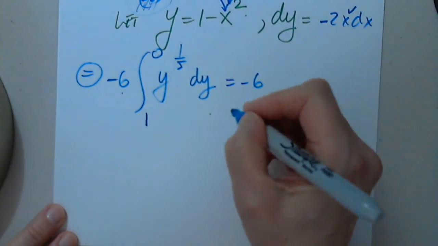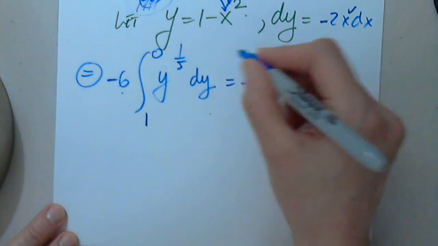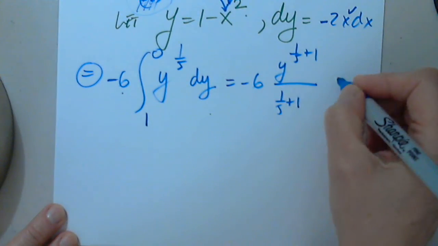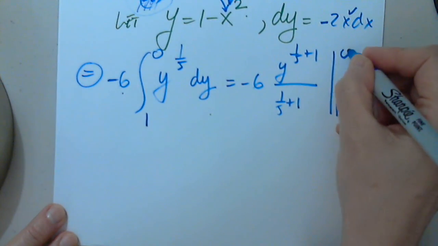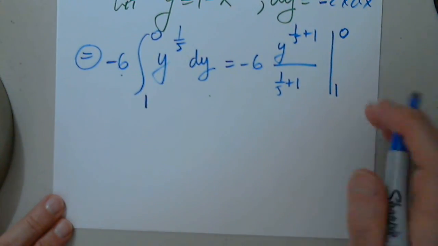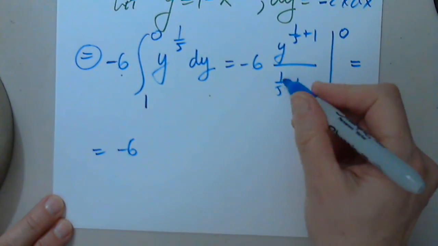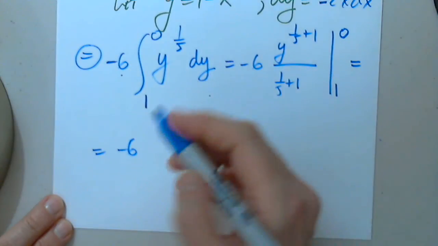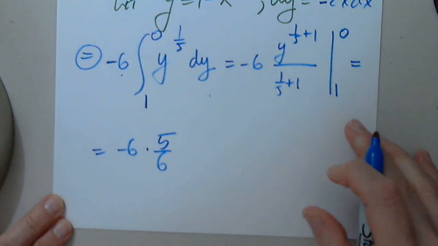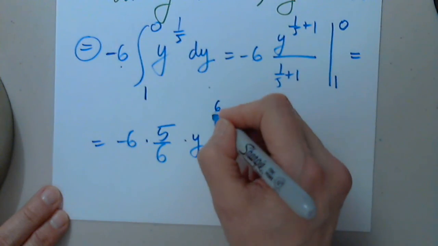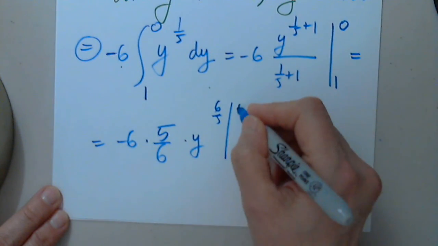So then this is negative 6 times y to 1/5 plus 1 over 1/5 plus 1 from 1 to 0. Negative 6 in front. This is 6 over 5, so I have to flip it into 5 over 6. And this is y to 6 over 5 from 1 to 0.